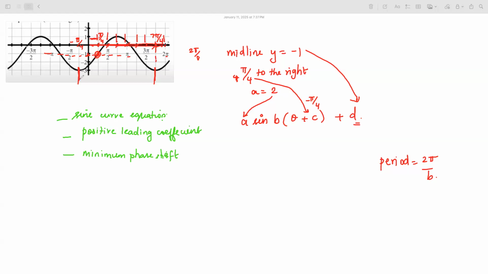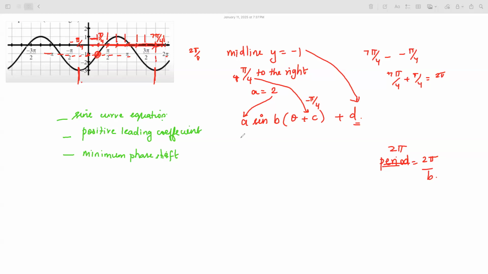Got it? So the period extends from minus pi/4 to 7 pi/4. So actual period is 7 pi/4 plus pi/4, which is 2 pi. So period is 2 pi means B value is 1. So now it's easy to write our equation.